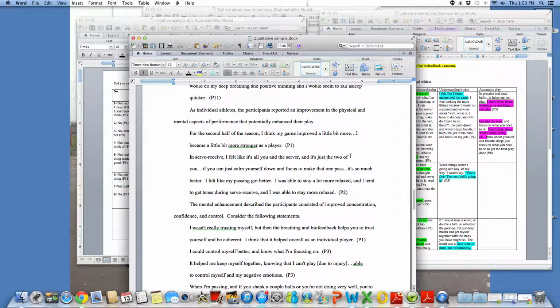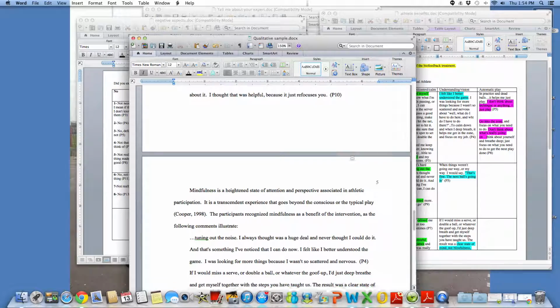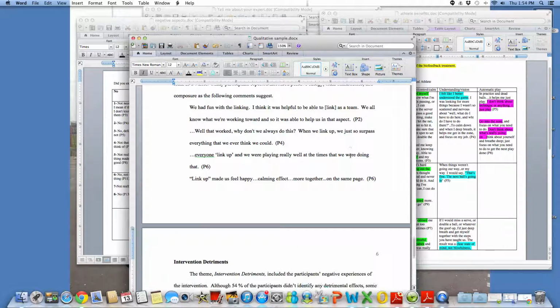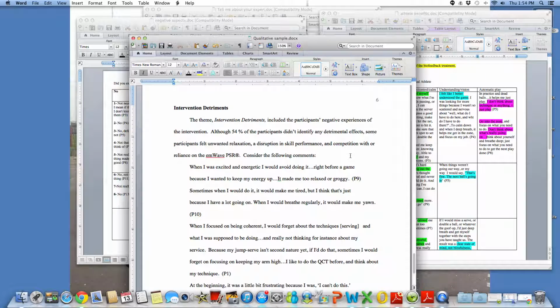And if I toggle back to the paper, we can see where the information is provided in the final section of the paper. Now, the author wanted to emphasize that the majority of the participants did not identify any detrimental, and so the author used actual percentage, and that is appropriate to do if you find that there is a majority of responses leaning in one direction, but it is not a common practice that we see in qualitative.